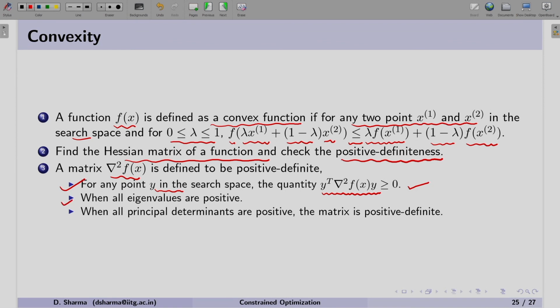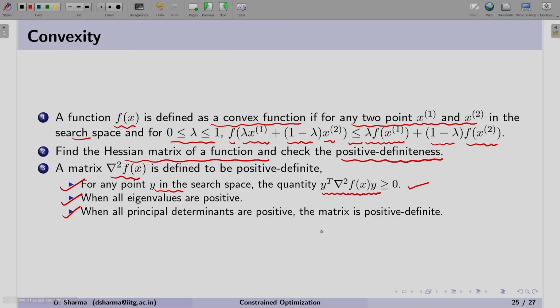The second condition is that if all eigenvalues are positive, then the matrix is positive definite. Similarly, when all principal determinants are positive, the matrix is positive definite. Satisfying any of these conditions, we can say the matrix is positive definite, and eventually the function is convex.